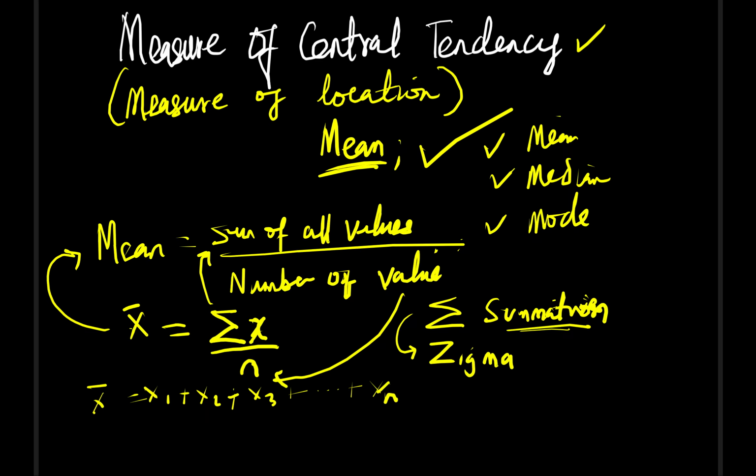It can go on and on, but you divide by the total number n. To put it in a summarized form, sigma represents the summation of all these numbers, instead of writing them all out.